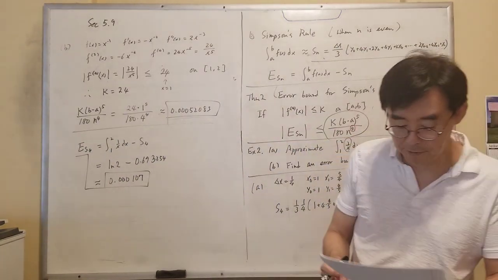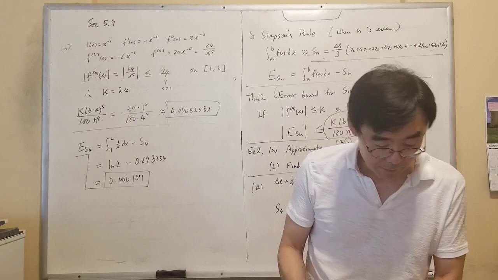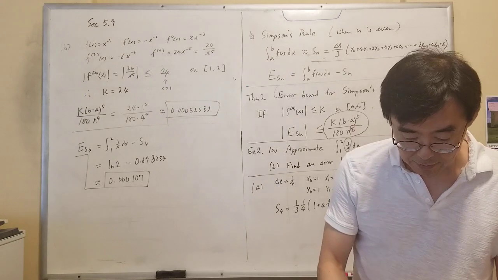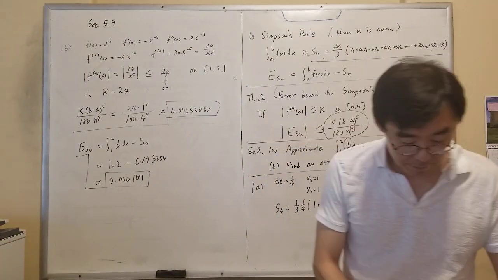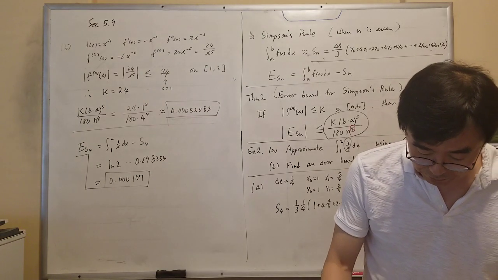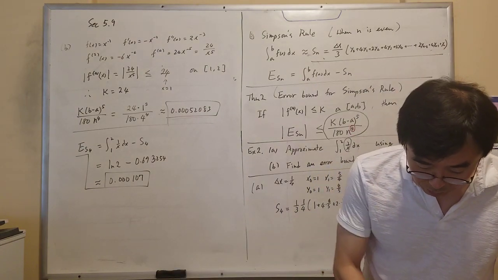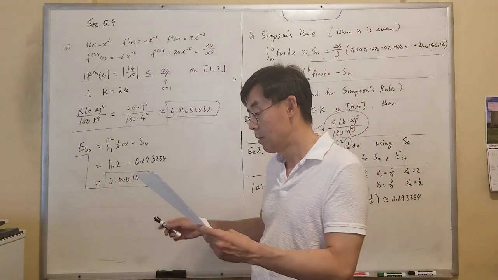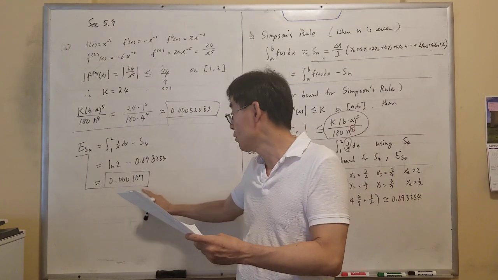Now, compare that with the previous value. When we use n equals 5, the error due to the midpoint rule was 0.001239.